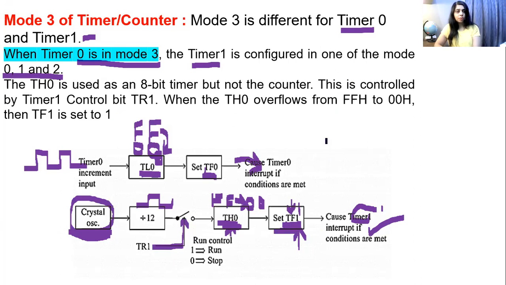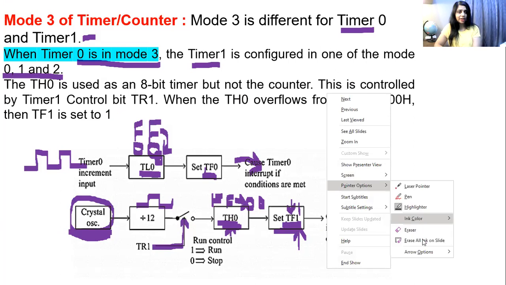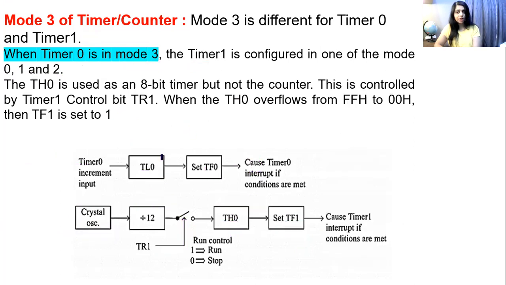So that is all about mode 3. Mode 3 is slightly critical to understand. Remember, these are also 8-bit timers and we are using them separately. TL0 is used as a timer or counter, and its source can be external when used as a counter.